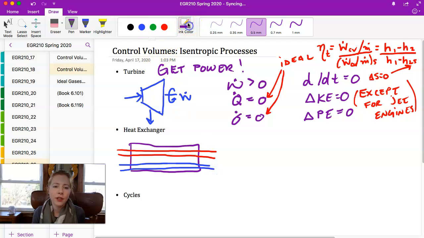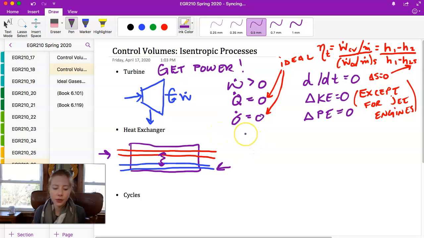We have a mass flowing in this way and mass flowing in this way. They don't have to be the same masses. They can be different substances, and you're going to get some heat exchange between the two lines, but not between this entire system and the surroundings.